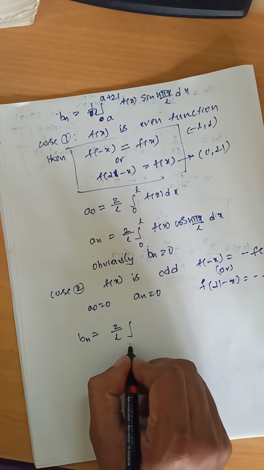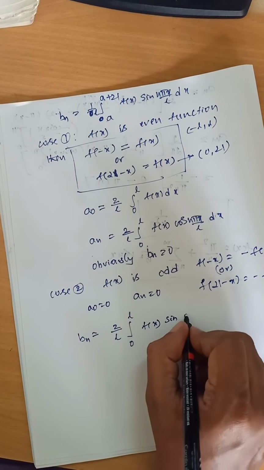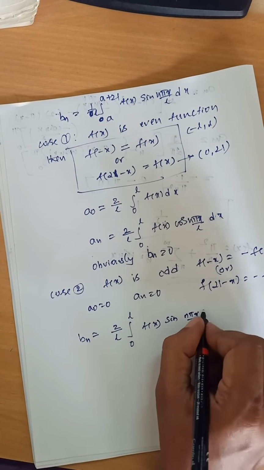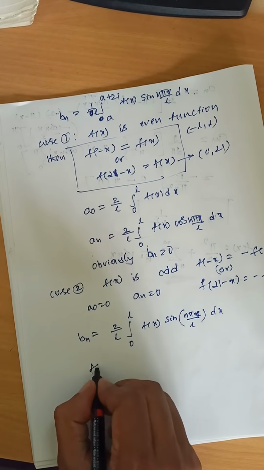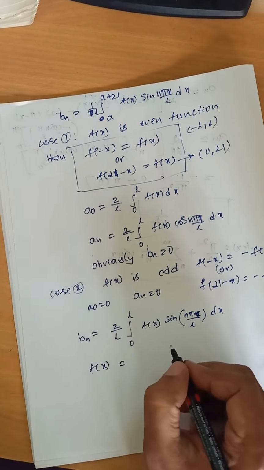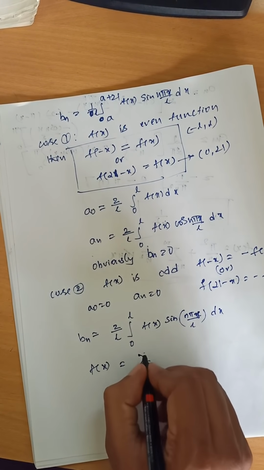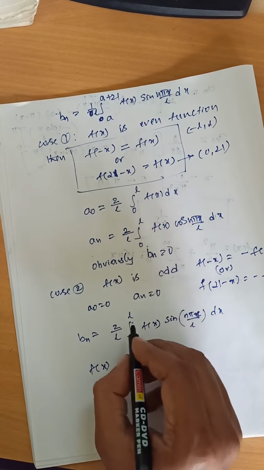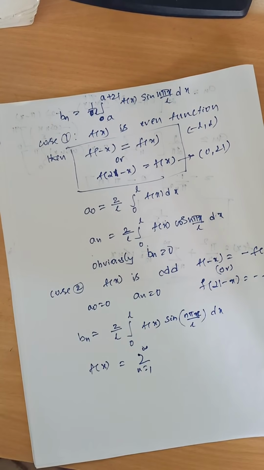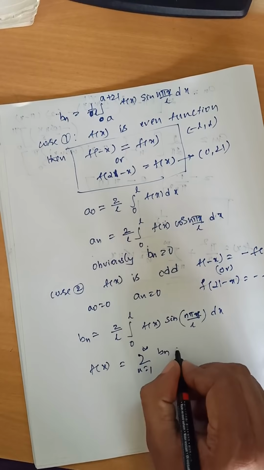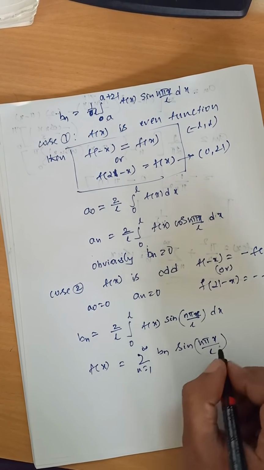The bn formula is 2 by L integral 0 to L f of x sin n pi x by L dx. We construct f of x, if the function is odd, as the summation n from 1 to infinity of bn into sin n pi x by L.